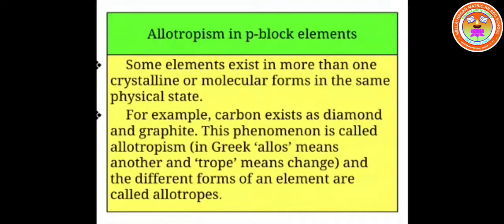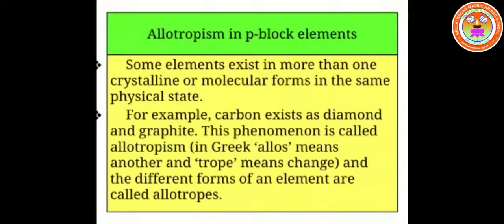Okay, children. Very famous and common examples of allotropes are diamond, graphite, charcoal, graphene, fullerene, carbon nanotubes. All these are the allotropes of the element carbon. Then you are very familiar with the allotropes of phosphorus: white phosphorus, red phosphorus.